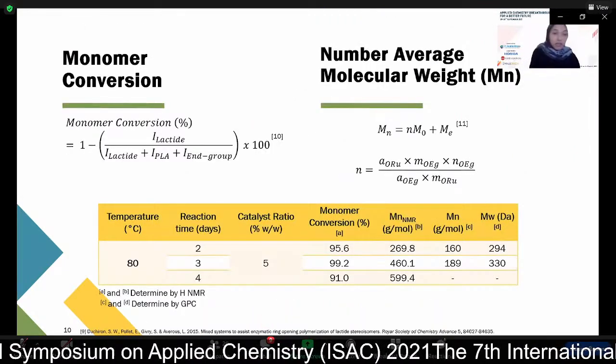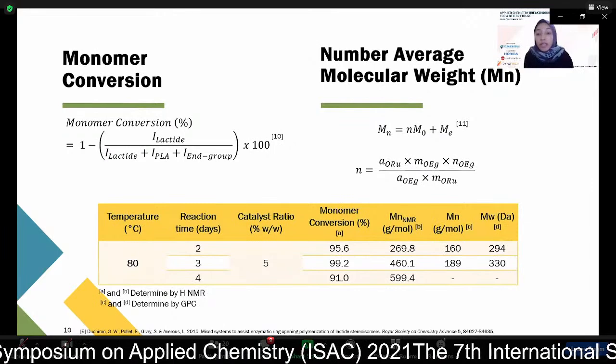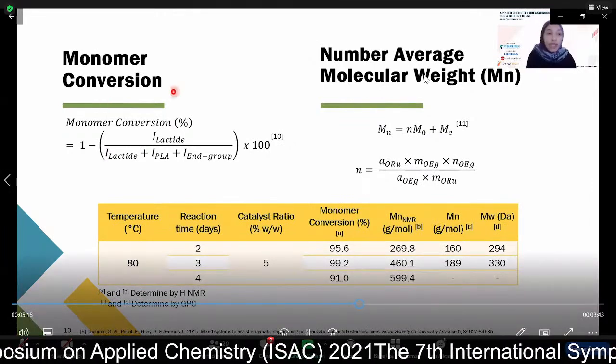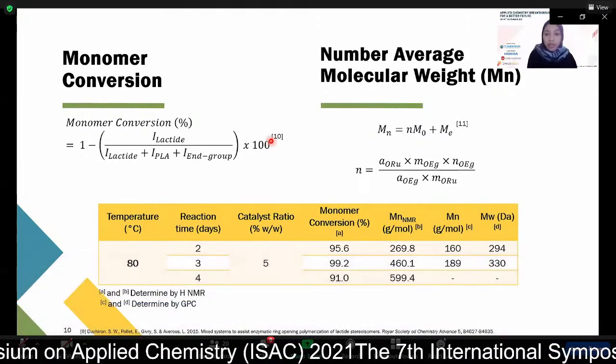Okay. Next, the monomer conversion of lactate was estimated by NMR analysis using this equation from Duchiron.